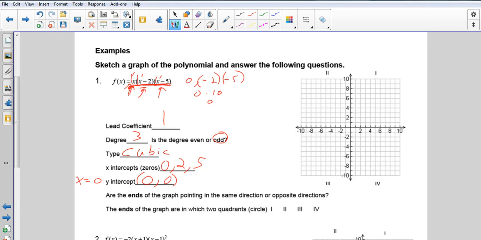Now, if we look at the graphing calculator, we'll first put our solutions. Here's (0, 0). Here's 2. And here's 5. We look at our table in the calculator, and we get numbers like this.